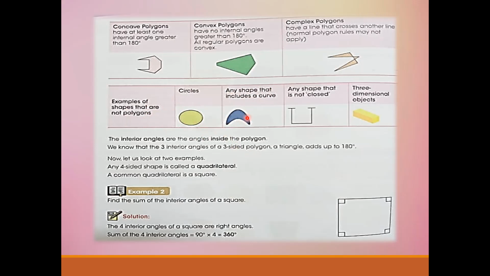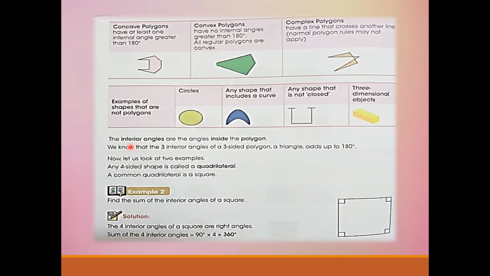Now again, a polygon is any closed shape. This one is open, so this shape is not closed, so it is not a polygon. Now, three-dimensional objects are not polygons.